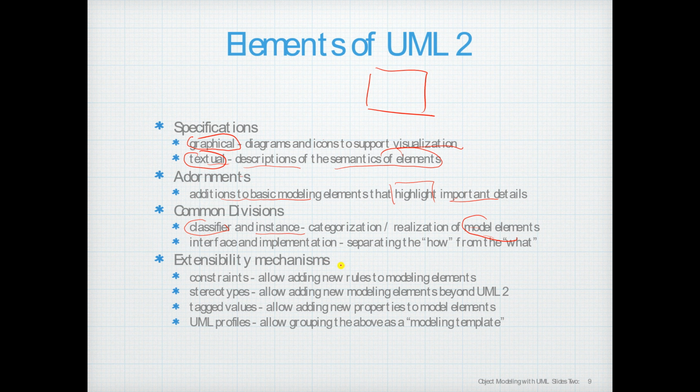Extensibility mechanisms: constraints allow adding a new rule to the modeling system. Stereotypes allow adding new modeling elements beyond UML.